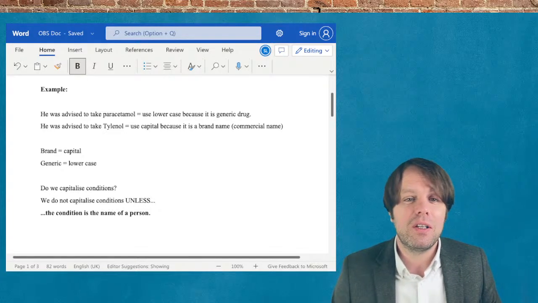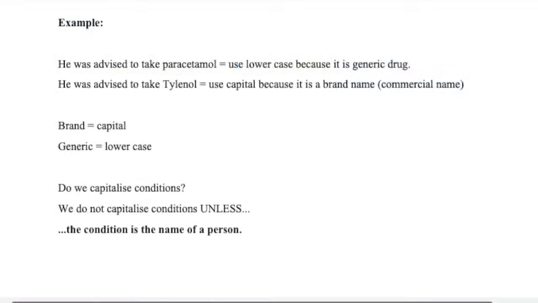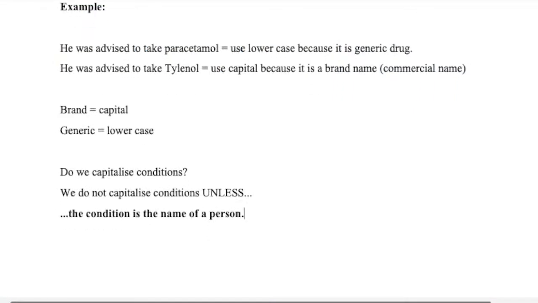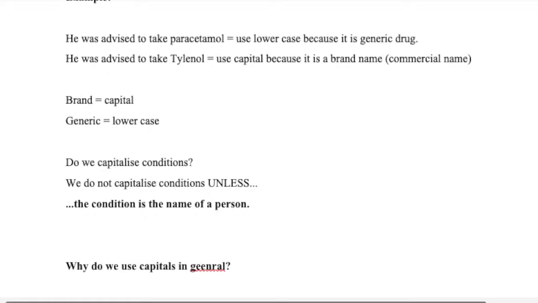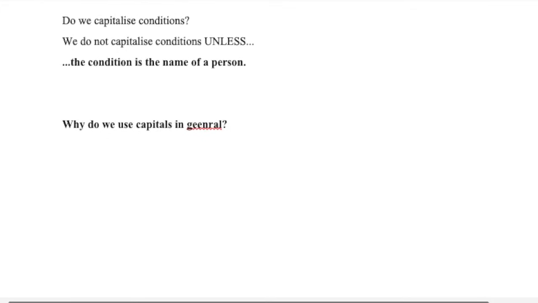And this leads me to the main point of this class. Why do we use capitals in general? Well, number one, it could be the start of a sentence.